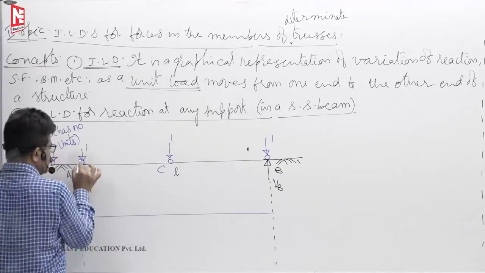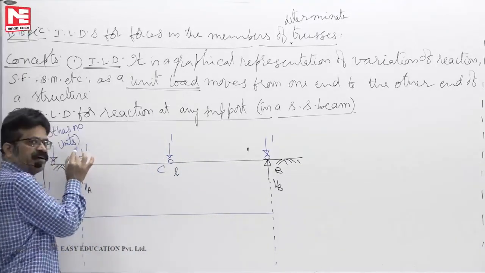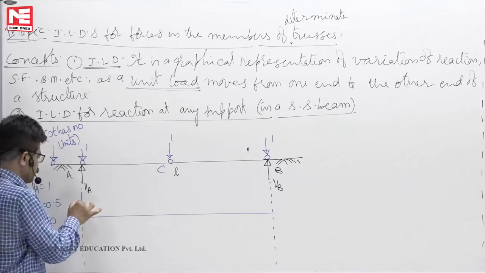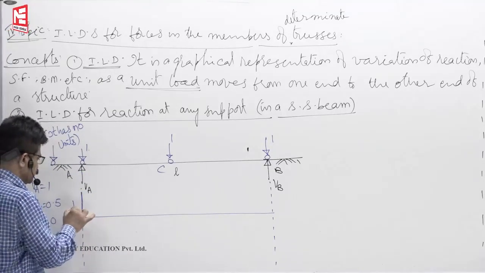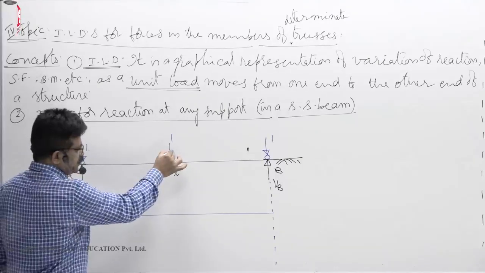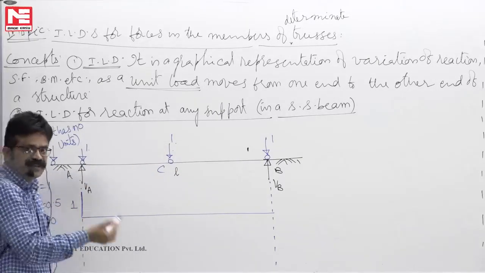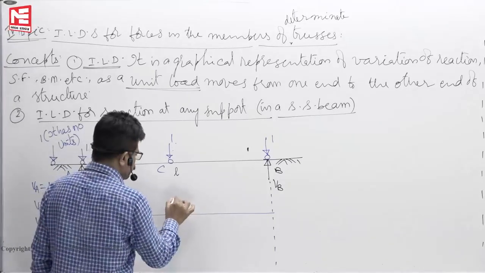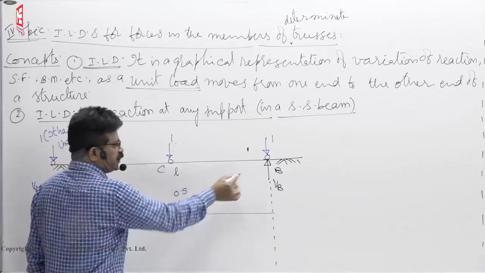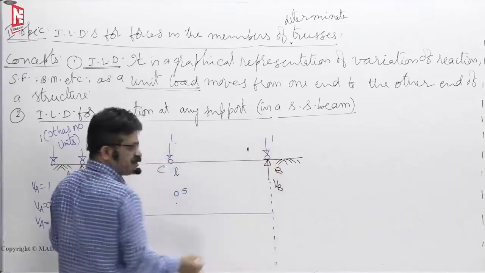See here, when the load is here, the influence of 1 on VA is 1, that means 100%. When the unit load is here, the influence of 1 on VA is 0.5. We have to read like that. So this is 0.5. When the load is here, VA is 0.